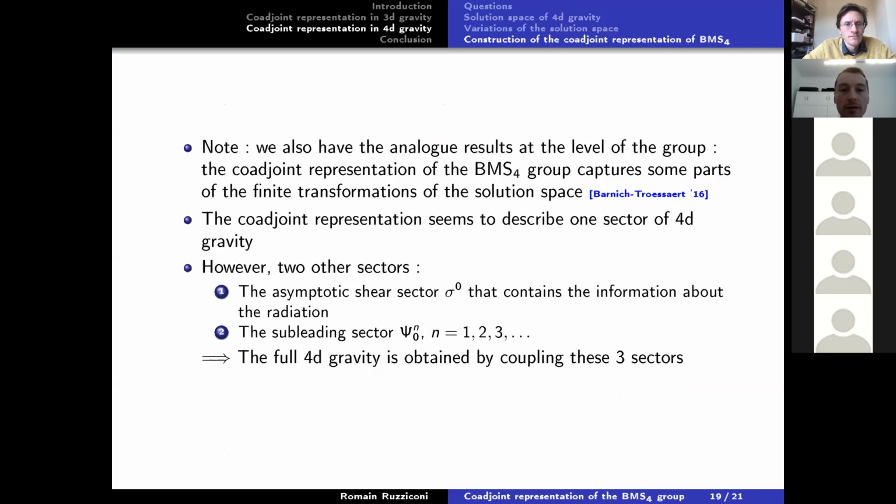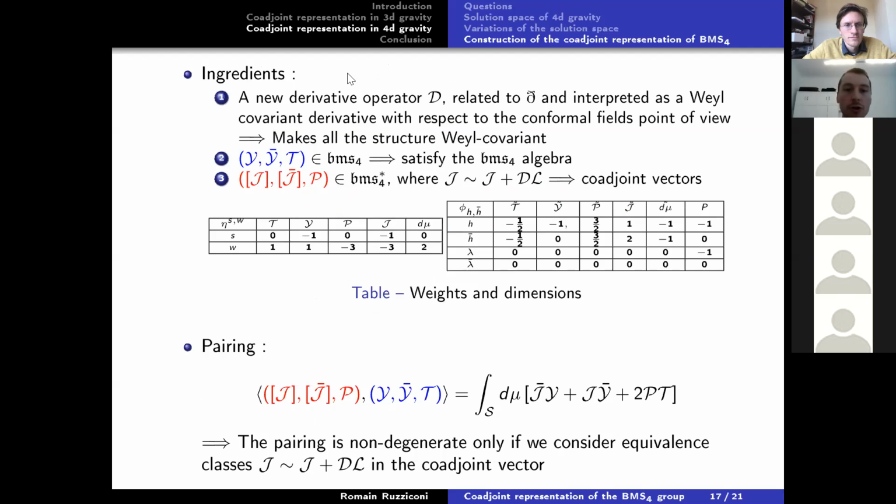For example, this Weyl derivative operator, which is useful to describe the coadjoint representation, has a very nice interpretation in terms of Carrollian structure on the boundary. So it seems that we can have the analog of that, but it will involve some Carrollian geometry on the boundary. We hope to reproduce the three-dimensional action living on the boundary, which will be the analog of this Liouville chiral boson in 3D. That's part of our goal.